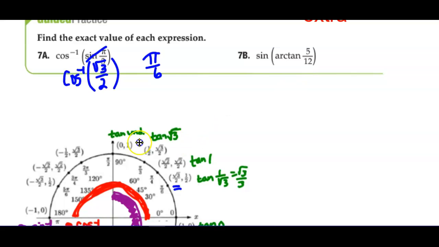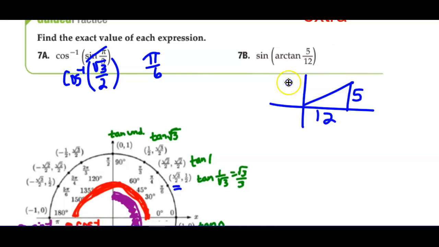All right, there's no 5/12 anywhere on my unit circle, so I'm back to drawing. Tangent is positive. Everything's positive in the first quadrant here. Tangent is opposite over adjacent, but I need the sine of this triangle, so I need opposite over hypotenuse.